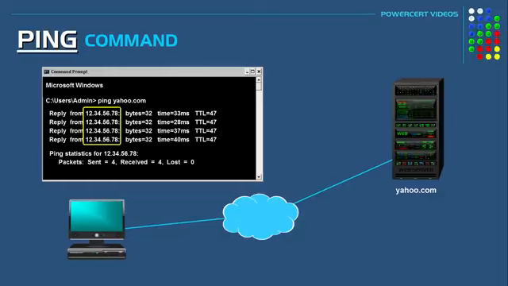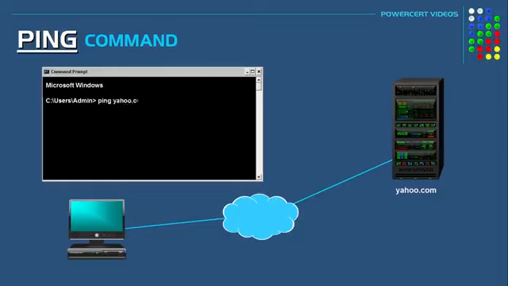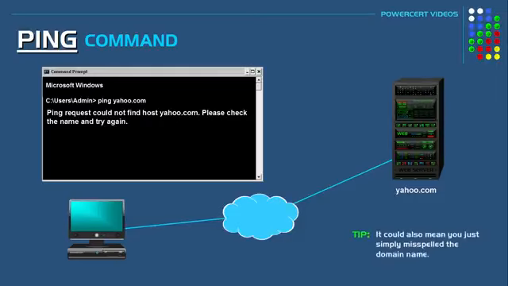But if we pinged yahoo.com and we got a message that says "Ping request could not find host yahoo.com. Please check the name and try again," then this could be a DNS issue because our computer could not resolve the domain name to an IP address. So the next thing to do is to try and ping the IP address instead, if you already knew what the IP address was.